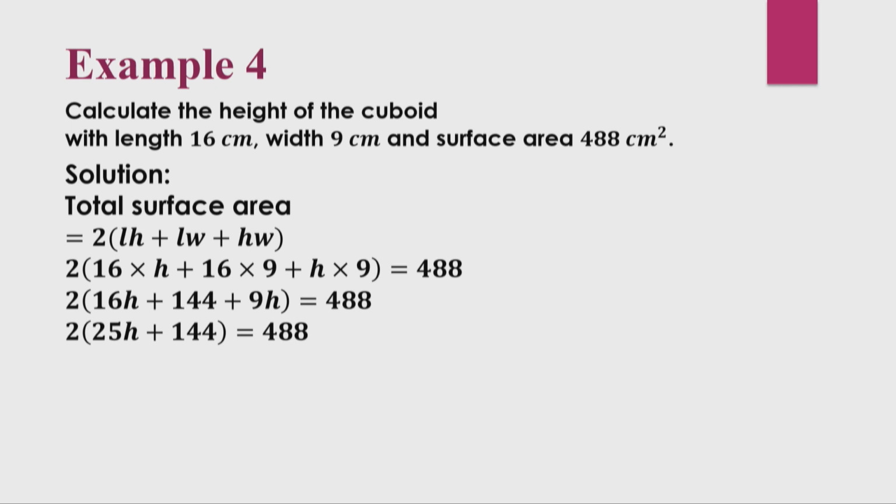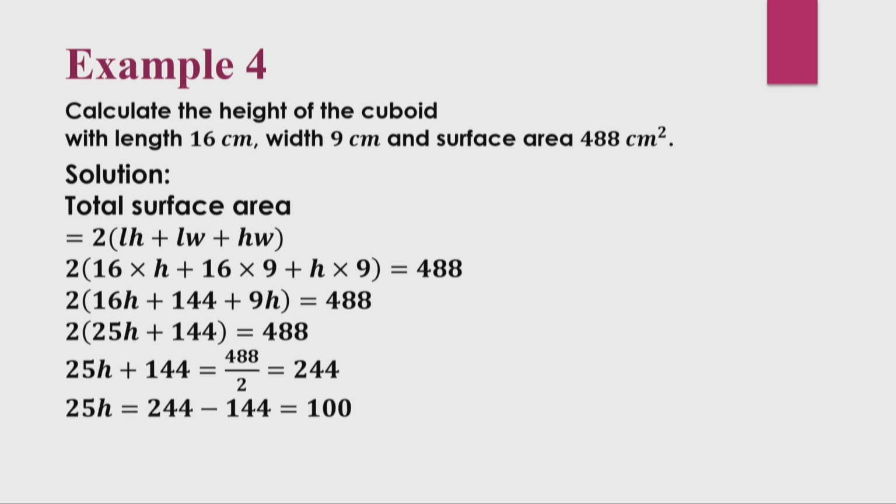Further simplifying, 2 into (25h + 144) equals 488. 25h + 144 is equal to 488 divided by 2, which is equal to 244. 25h is equal to 244 minus 144, which is equal to 100. And the value of h is 100 over 25, which is equal to 4 centimeters.